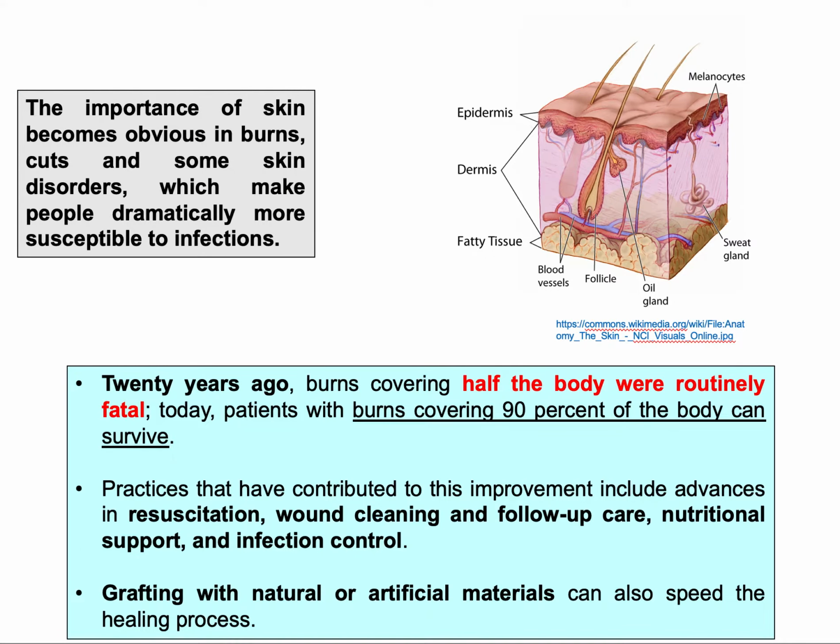So the importance of skin becomes obvious in burns, cuts, and some skin disorders, which make people dramatically more susceptible to infections. So if you have a cut or burn or any problem with the skin, you are susceptible to infections, and this is a big problem for anyone. And I want to draw your attention to something.